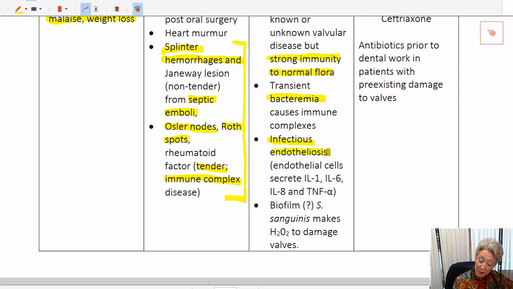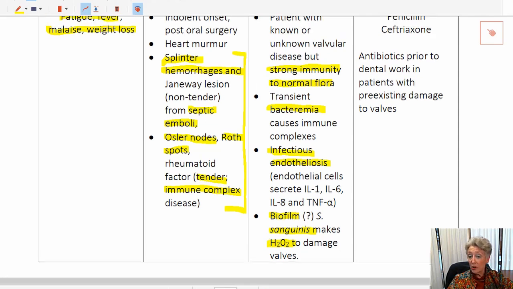There is some disagreement about whether or not the biofilm is contributory. Most people are saying now that the most common cause, which is sanguinous, is actually directly causing the damage by producing hydrogen peroxide. And that's what causes the damage rather than the ability to make a biofilm.